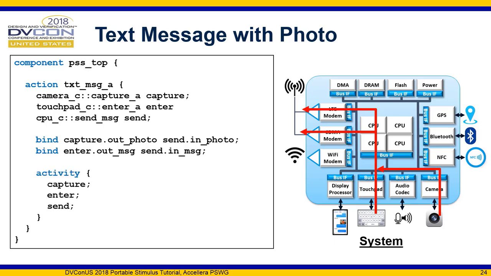And then we're going to define an activity that says, okay, fire the capture, fire the enter, fire the send, and those things will have to happen in that order, and the bindings will cause the data to flow, very much under our direct control, right? Over here we could put in a select or we could put in a loop, but it's very much we're defining what has to happen, not leaving the tool open to do whatever it wants. However, once the send creates a packet, it is bound to either of the modems and it can transmit however it needs to. So now it has many options on where it can go.